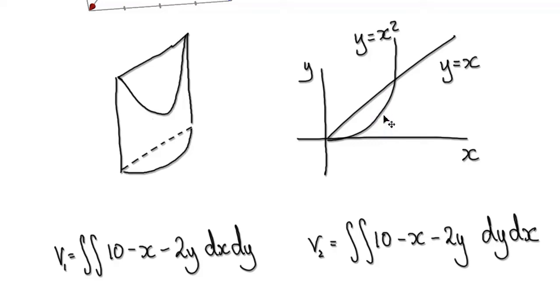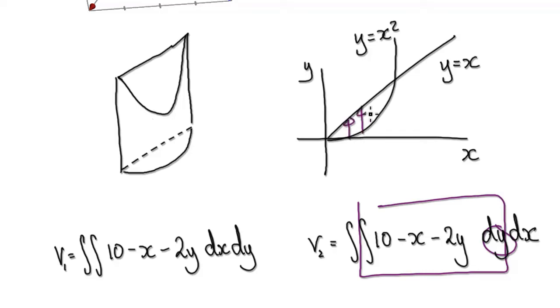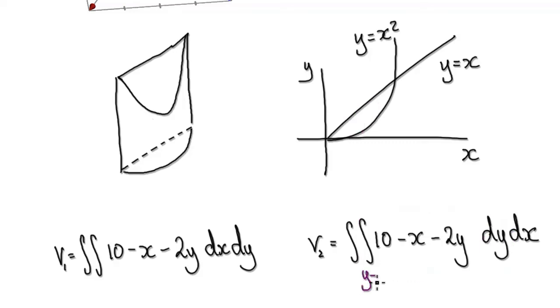So let's set it up. We are moving along in the y direction. So we are moving along like this. Well, if we're moving along in the y direction, then this has to be y equals something and y equals something. Well, we start at this place here.